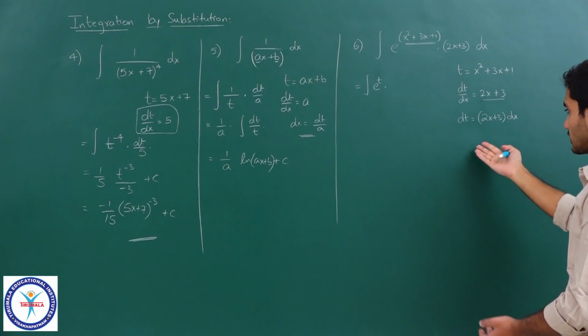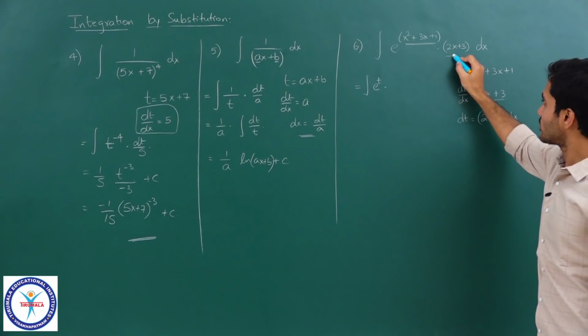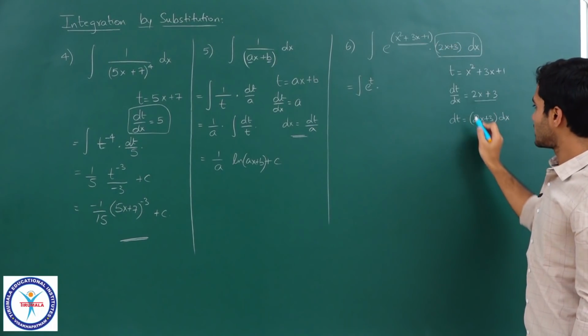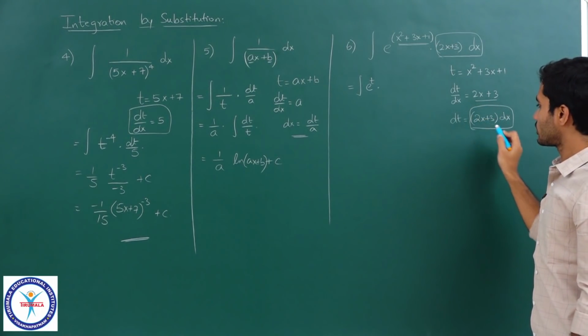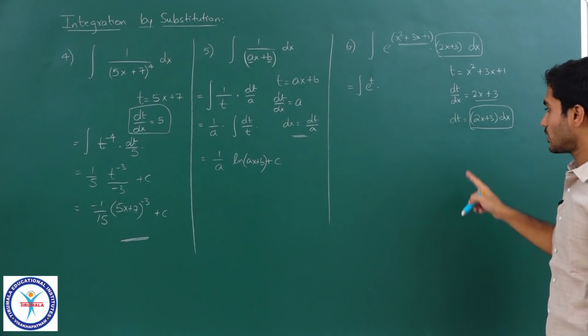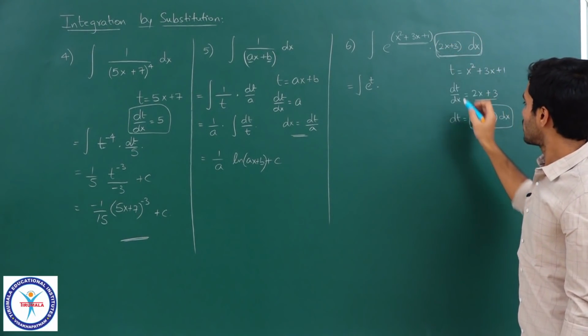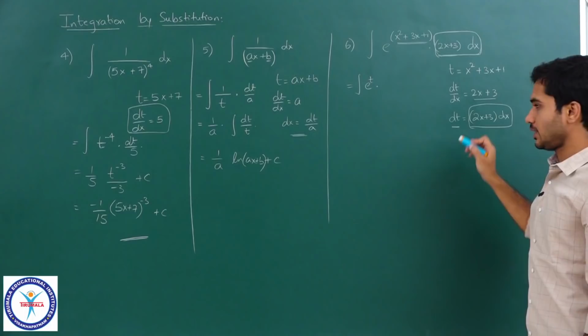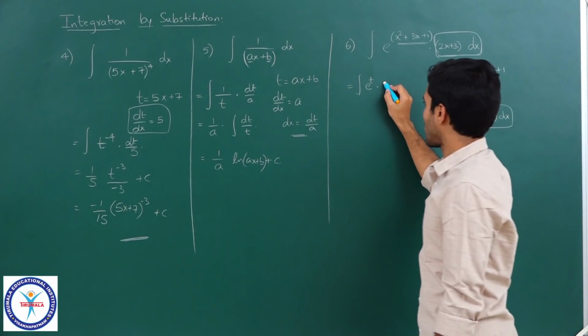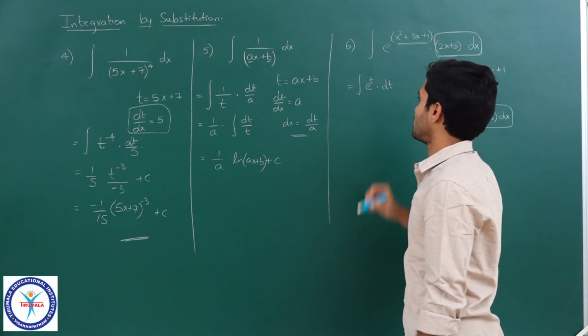So, I just send dx this side. Now, whatever term we have here is same as this term. Do you identify that? So, which means I can replace this whole parameter with what? dt, that is it. So, this whole parameter will become dt.